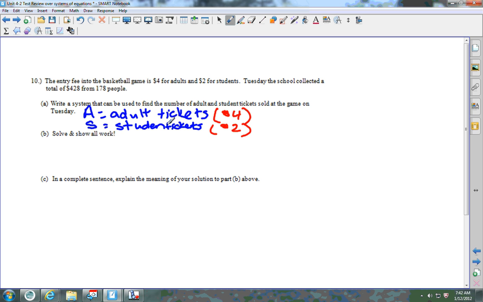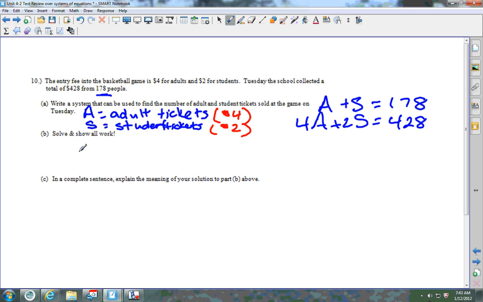To write my first equation, let's talk about how many people showed up to the game. Adults plus the students. There were 178 people that showed up. The next one, let's talk about how much money was raised. You have $4 times the adult tickets plus $2 times the student tickets, and that equals 428.